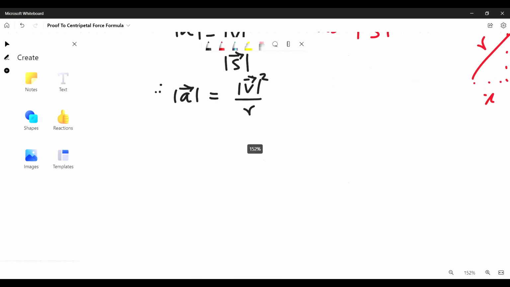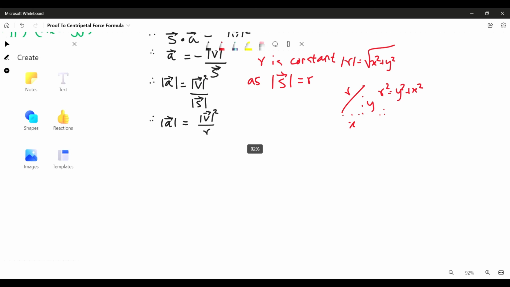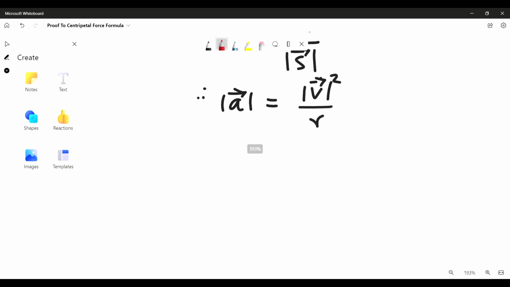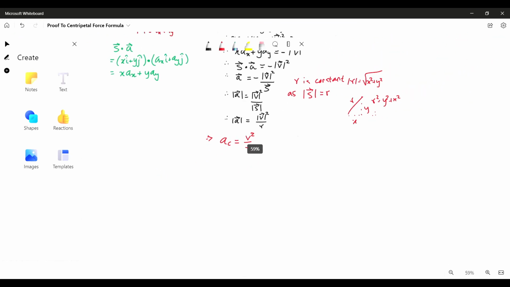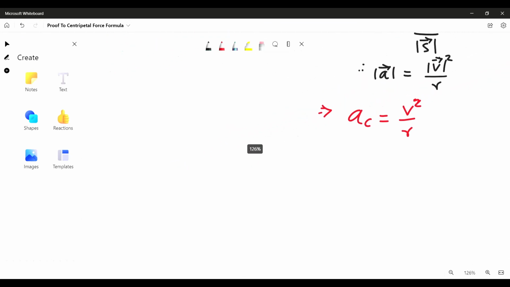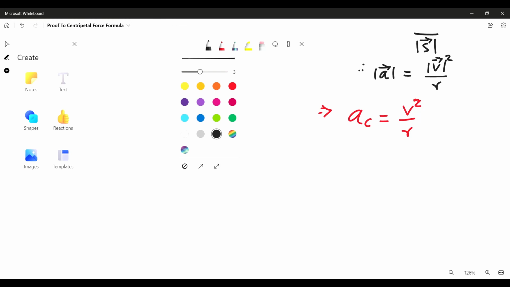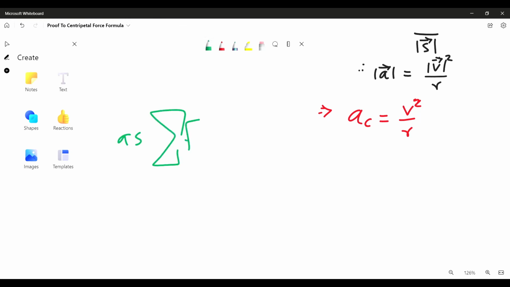And this is the centripetal acceleration actually, because if I write it now in our format, we know ac is equal to v squared over r, where we're just considering v to be the magnitude. And now, of course, via Newton's second law, the sum of forces is equal to mass times acceleration.